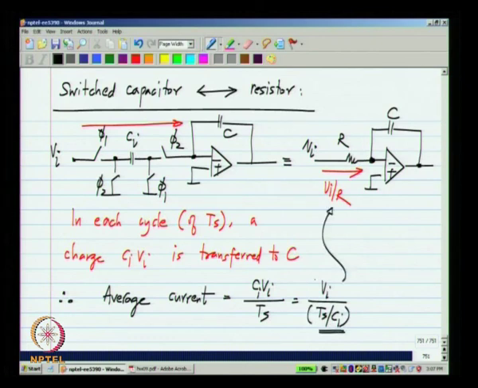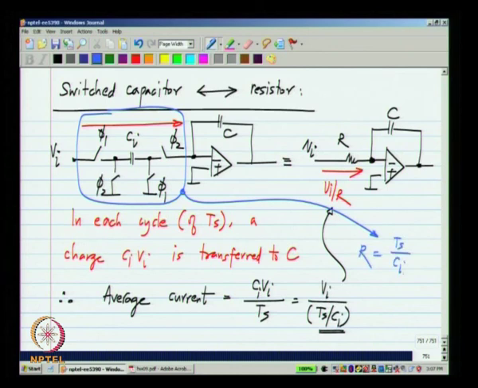So, if you make those two equivalent, that is the average current here equal to the current over there, you see that this circuit is equivalent to a resistor whose value is Ts by Ci or 1 over Fs Ci, where Ts is the sampling period and Fs is the sampling frequency. Okay. So, if you have a continuous time filter with resistors and capacitors, that is you make them using these active RC integrators, you can substitute the resistors with the switch capacitors using this analogy.